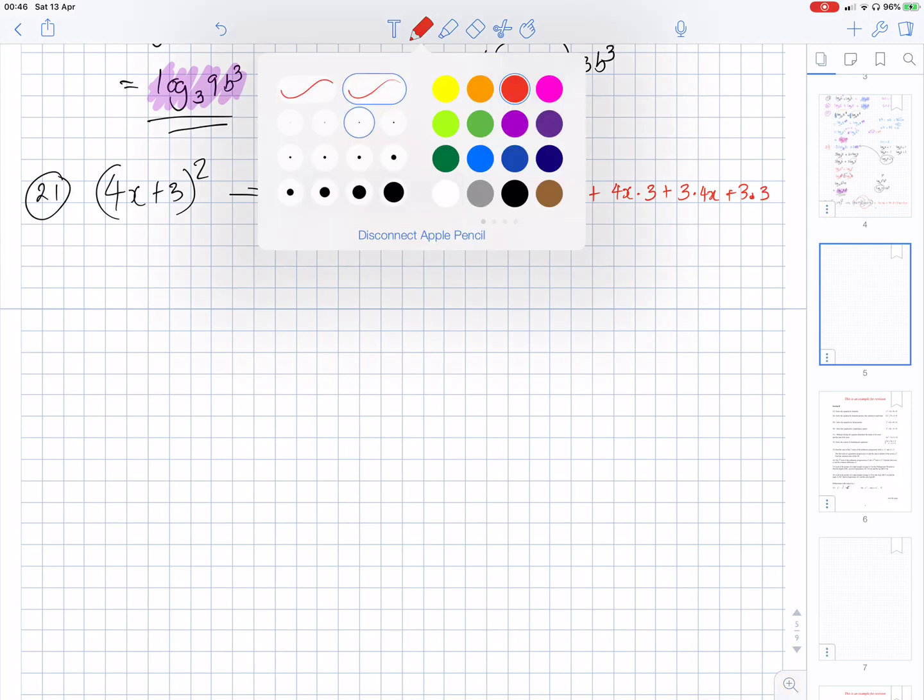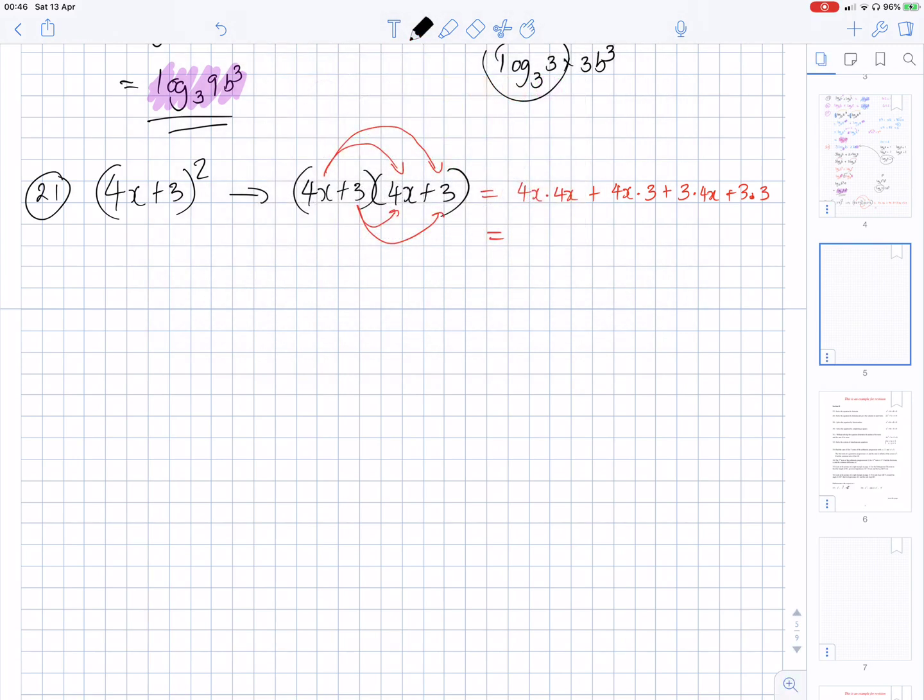So this is equal to 16, because 4 times 4 is 16, x times x is x squared, plus 4 times 3 is 12x, plus 3 times 4 is 12x, plus 3 times 3 is 9.